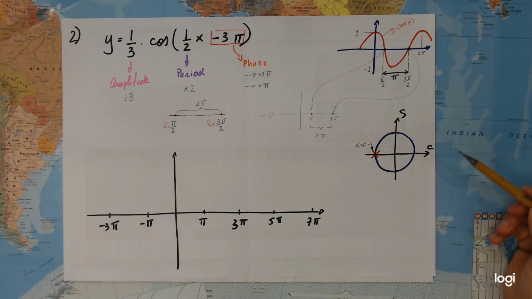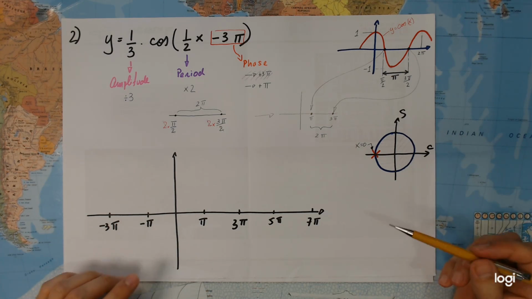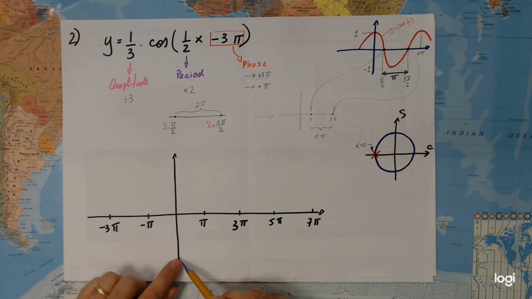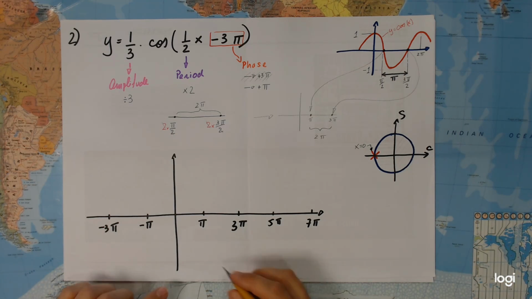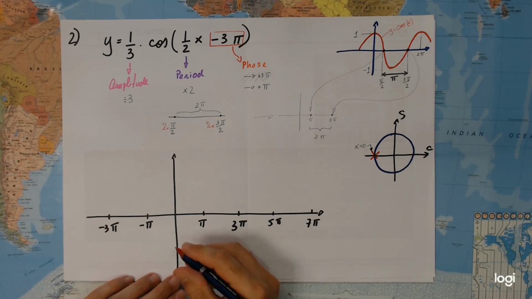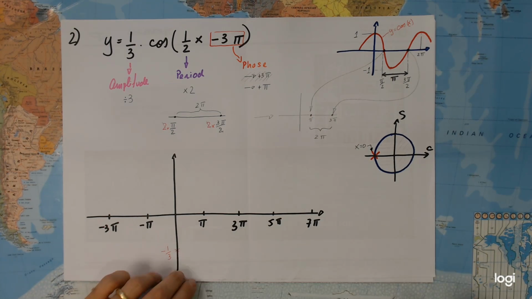So again, we start at the negative side, so we're going to start in here. Okay, low, and let's just mark these points. This is going to be our minus 1/3. Okay, that's it. Our chart is ready.